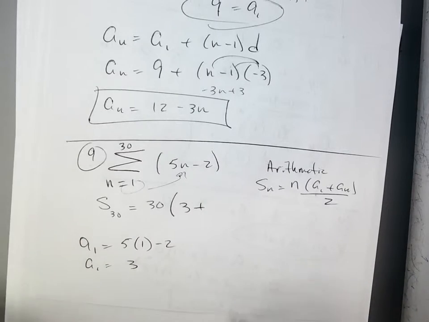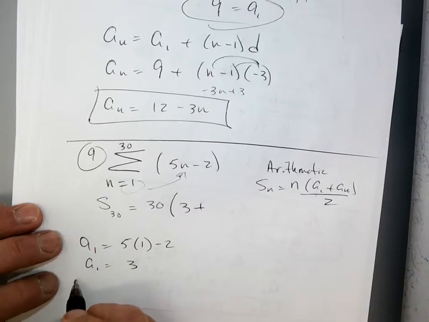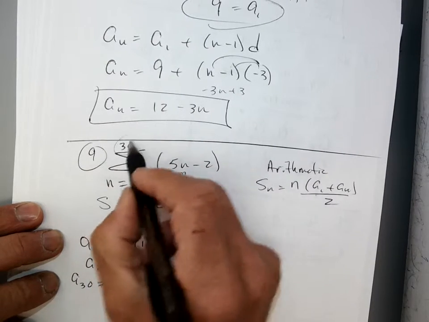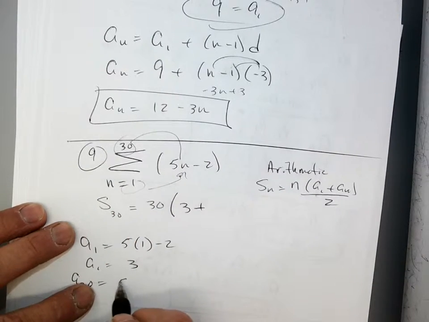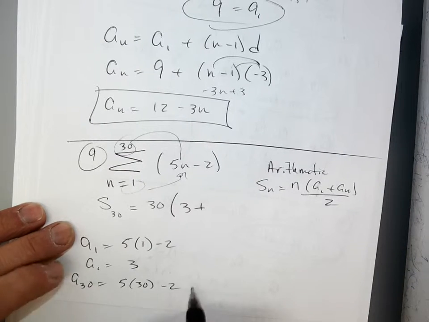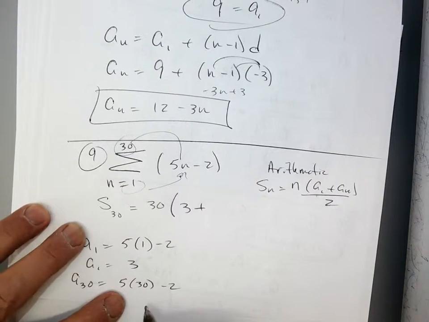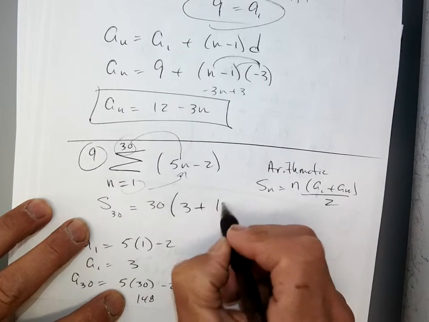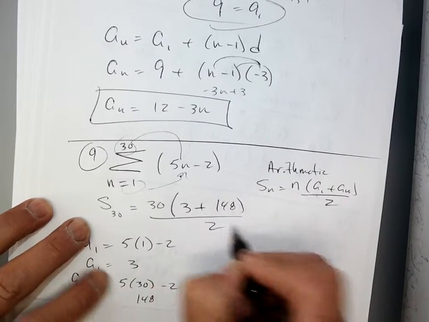I can find a of n by plugging in 30. It's going to be 5 times 30 minus 2, 150 minus 2 is 148, I think. So put 148 here, divided by 2, okay?